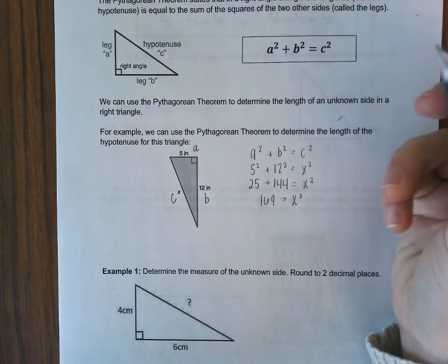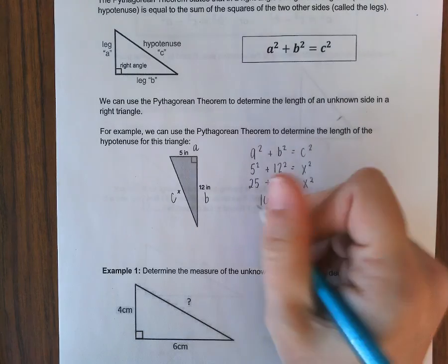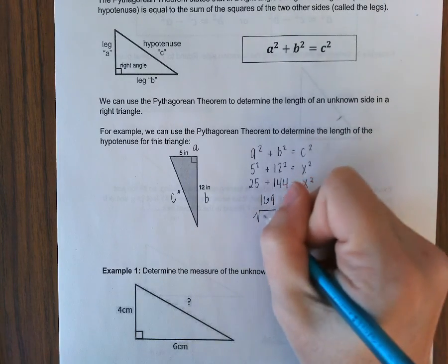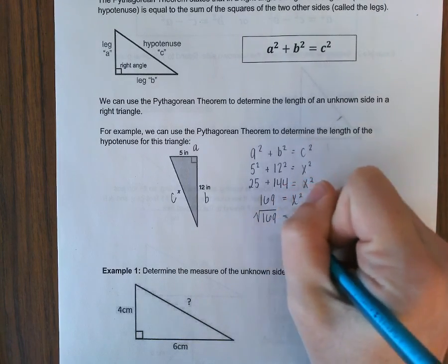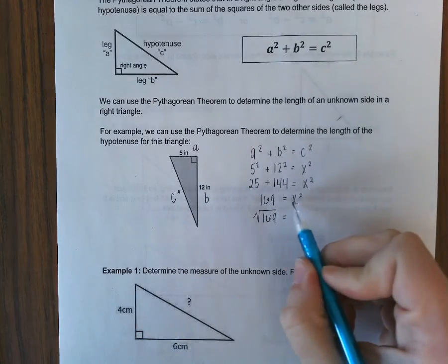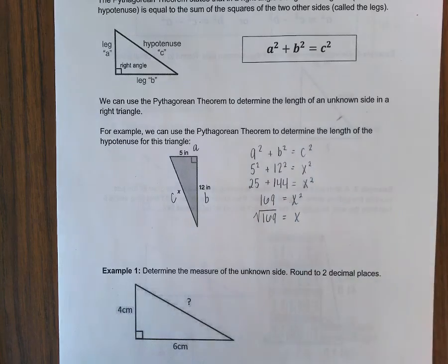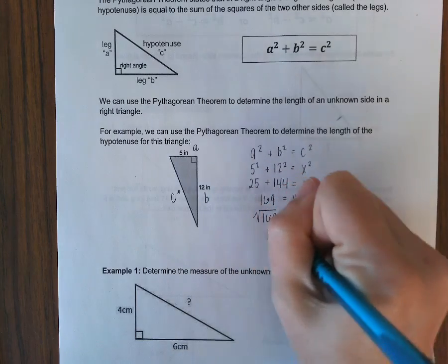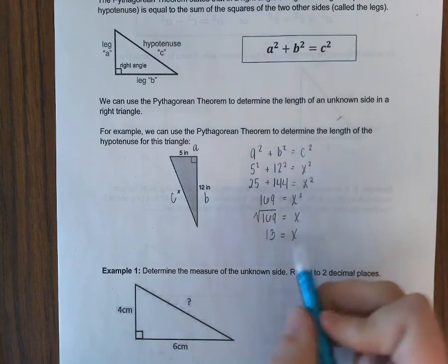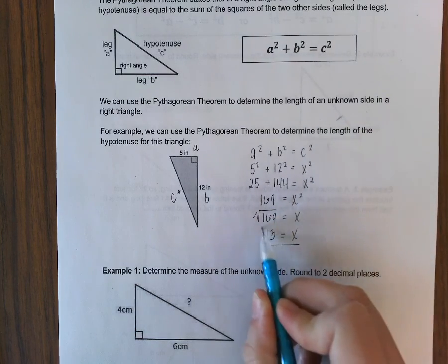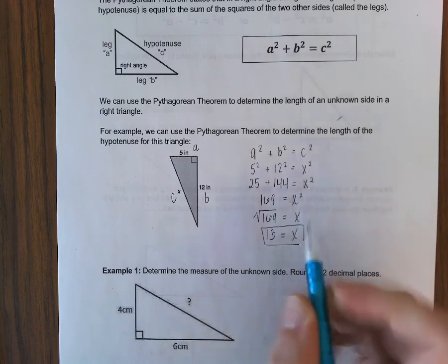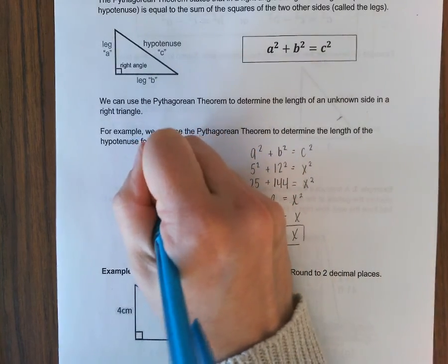And then if I want to solve for x, I would take the square root of 169 to be left with just x, because I would be square rooting both sides. And the square root of 169 is 13. So the hypotenuse in this triangle is 13, and it's 13 inches in this scenario.